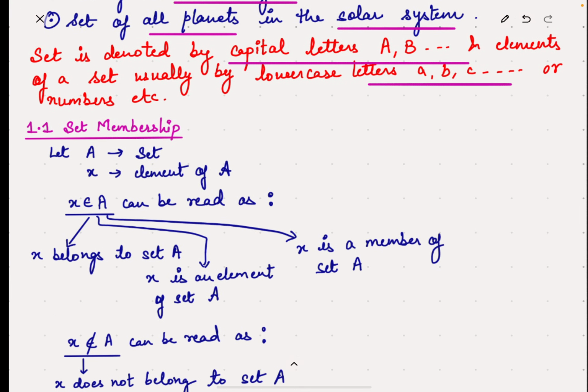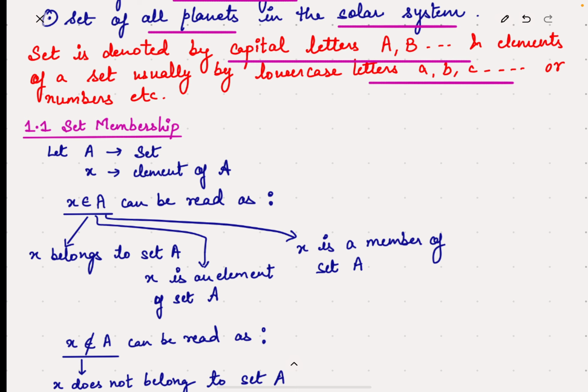Next is set membership. What are the members? Let's say we have a set A and X is an element that is present in set A. Then we can say X belongs to A. This is the sign for belongs.